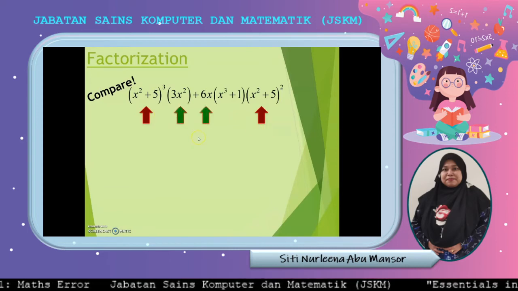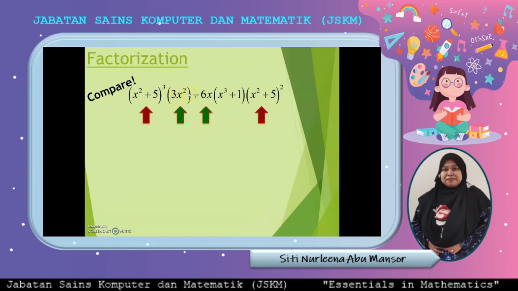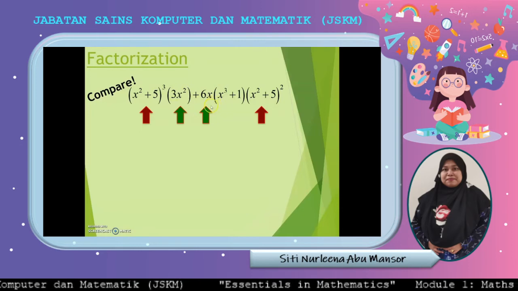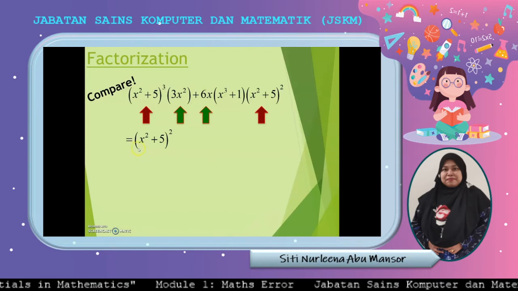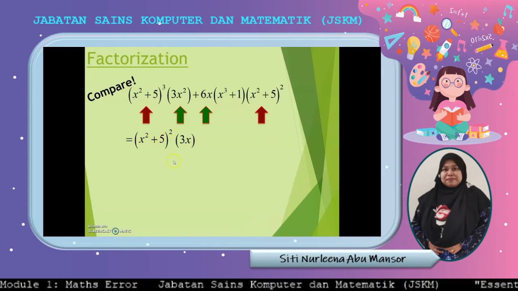Next, we look for another common factor. Here we have 3x squared, and in the second part we have 6x. So here we can see that we can factorize 3 and x. The solution is, first we write the first factor that we can factorize, which is x squared plus 5 power 2.